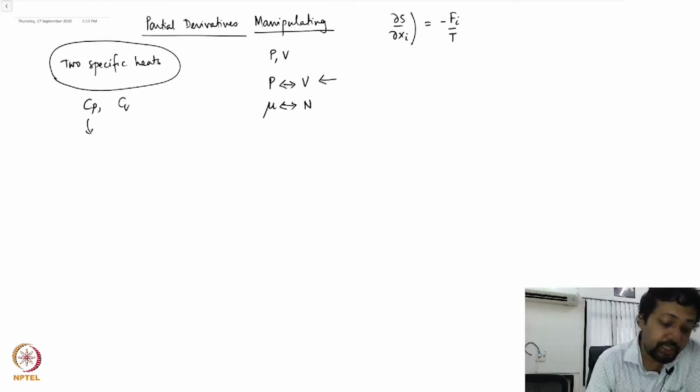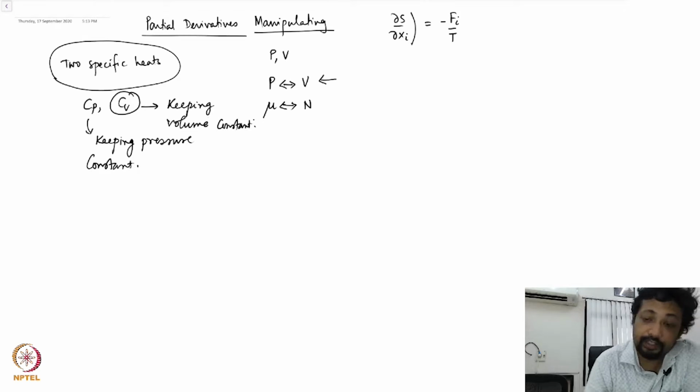So essentially this is a specific heat that is defined by keeping pressure constant, and this is the specific heat that is defined by keeping volume constant.